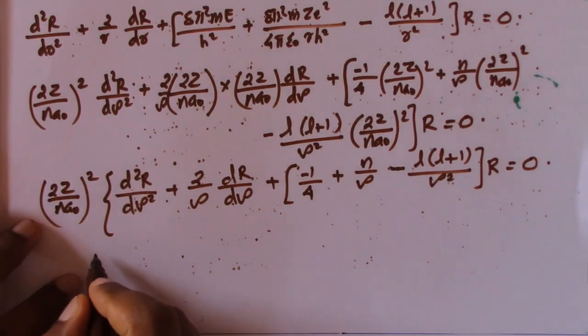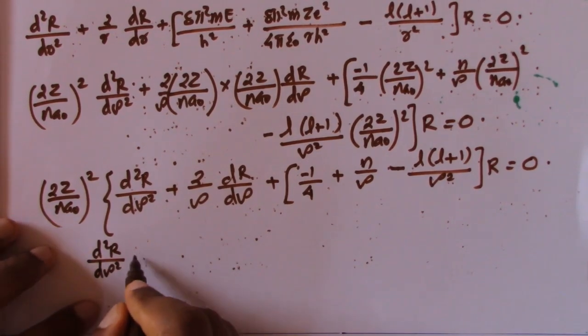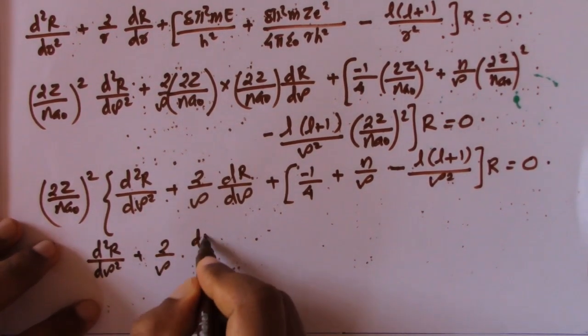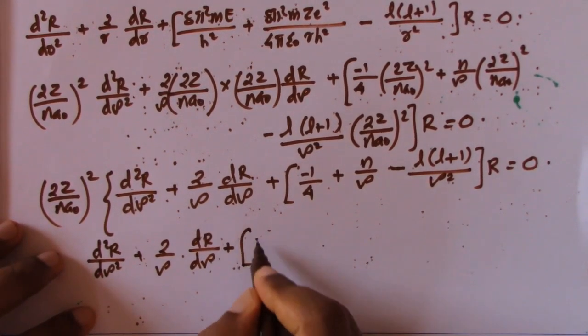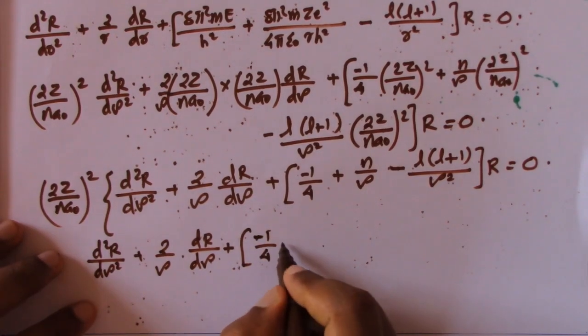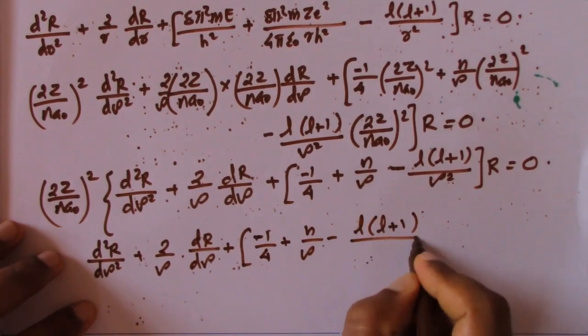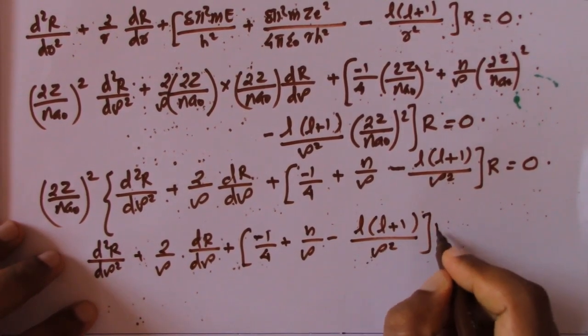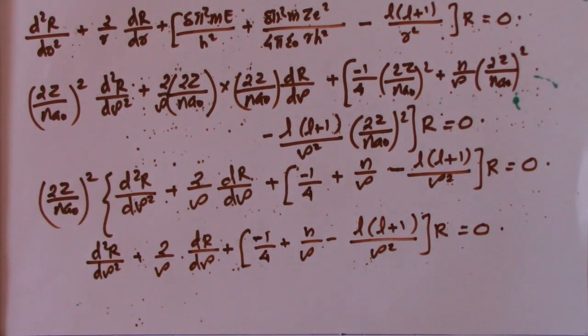Then we get d²R/dρ² plus 2/ρ dR/dρ plus minus 1/4 plus n/ρ minus L(L+1)/ρ² into R is equal to 0. So we have a new equation, and in this new equation, instead of r we have ρ. Okay, so we have simplified this equation.